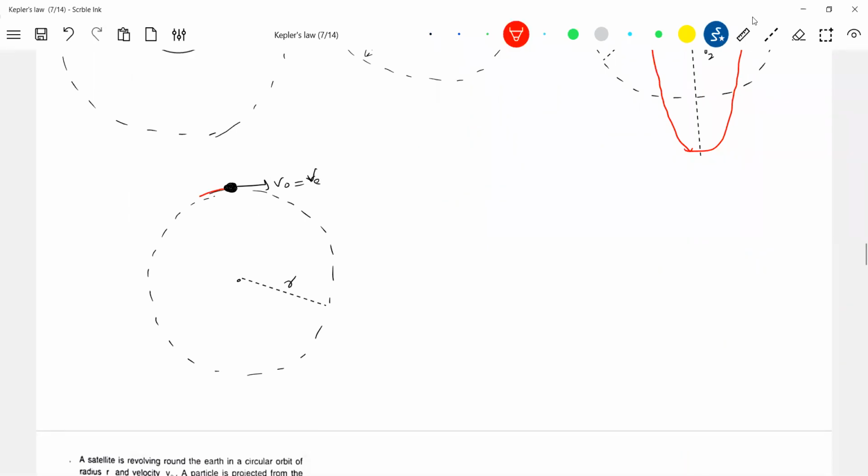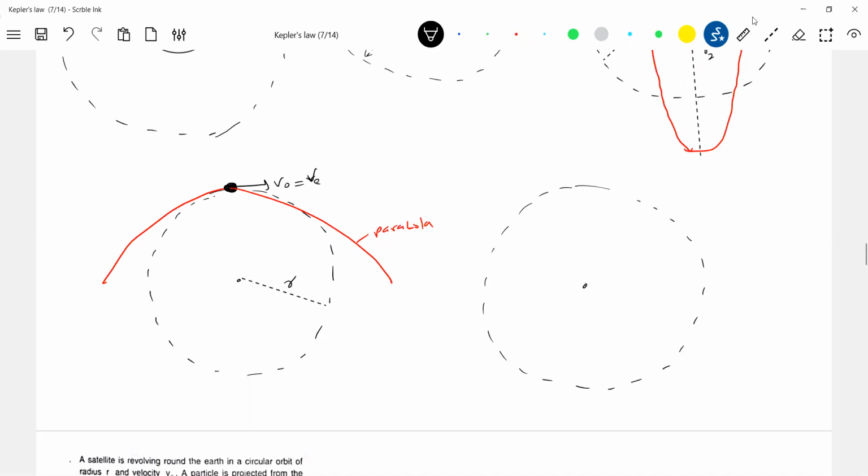The path is going to be a parabola. It will leave the circular path and describe a parabolic path here. Then if you make the velocity of the satellite greater than escape velocity, it is going to describe a hyperbolic path.